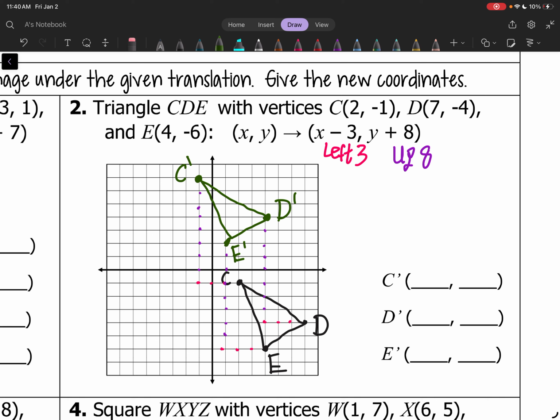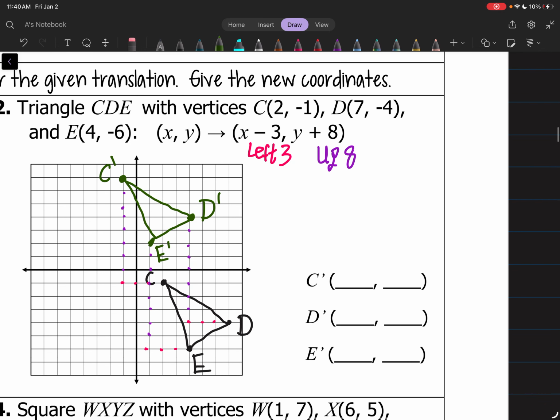Now I want to show you one more thing. You can count these coordinates, but I want to show you the easiest way to do these problems. For my image C, my x coordinate was 2 from the top here, and I subtracted 3 from it. That was my left 3. So all these are minus 3.